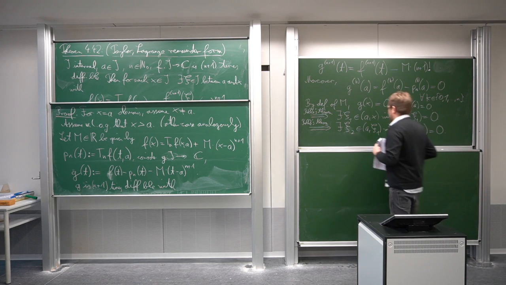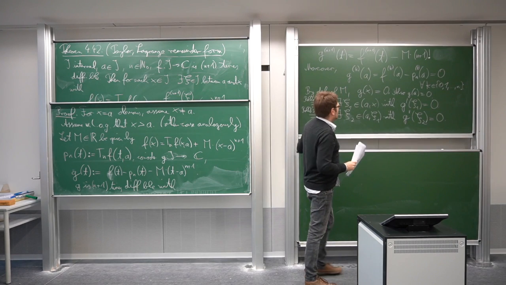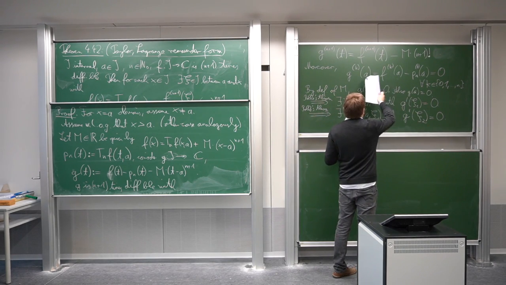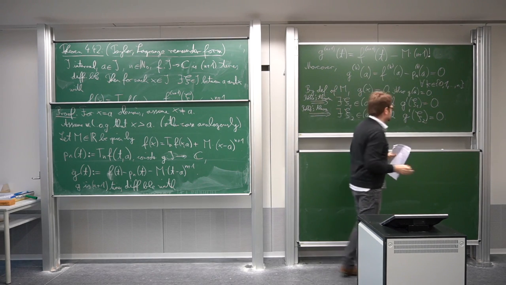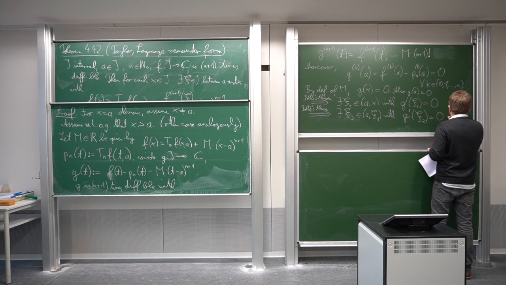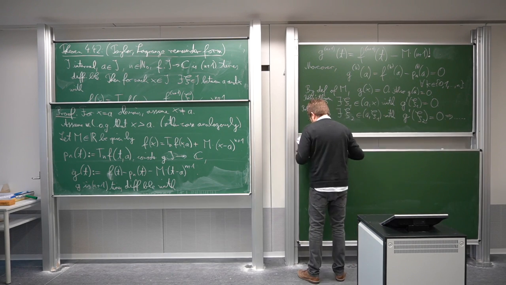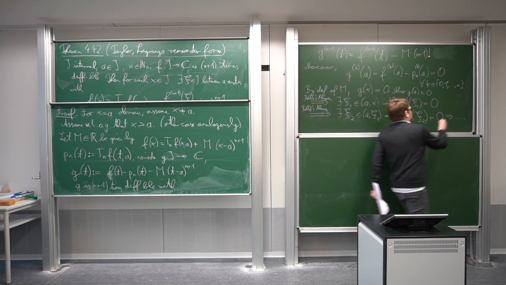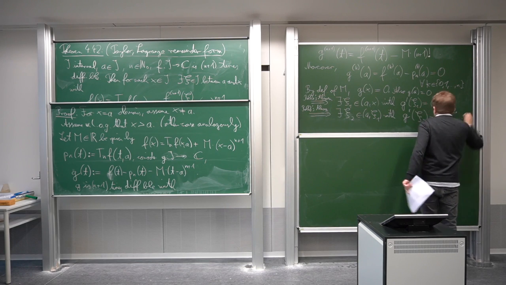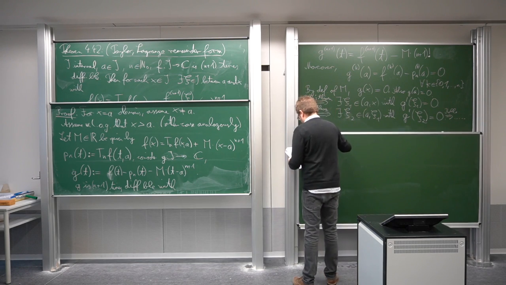And now we can use Rolle again. Because now we know that g double prime at a is 0, g double prime at psi2 is 0, and so on and so on. So we can just use this again and again and again. And so again, Rolle.